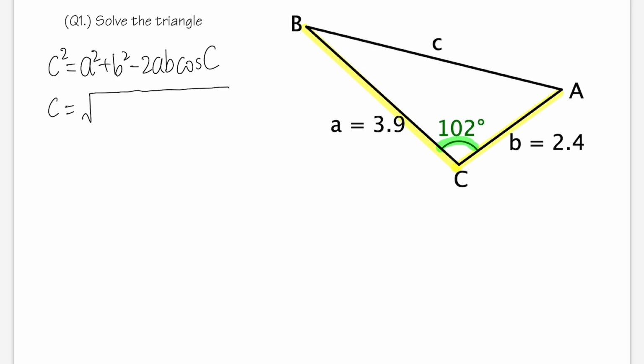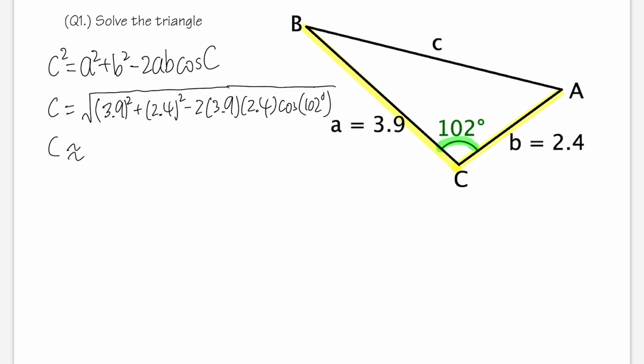A is 3.9, so we have 3.9 squared plus B squared, which is 2.4 squared, minus 2 times AB, so 3.9 times 2.4, and lastly, we have to multiply by cosine of angle C, which is 102 degrees.